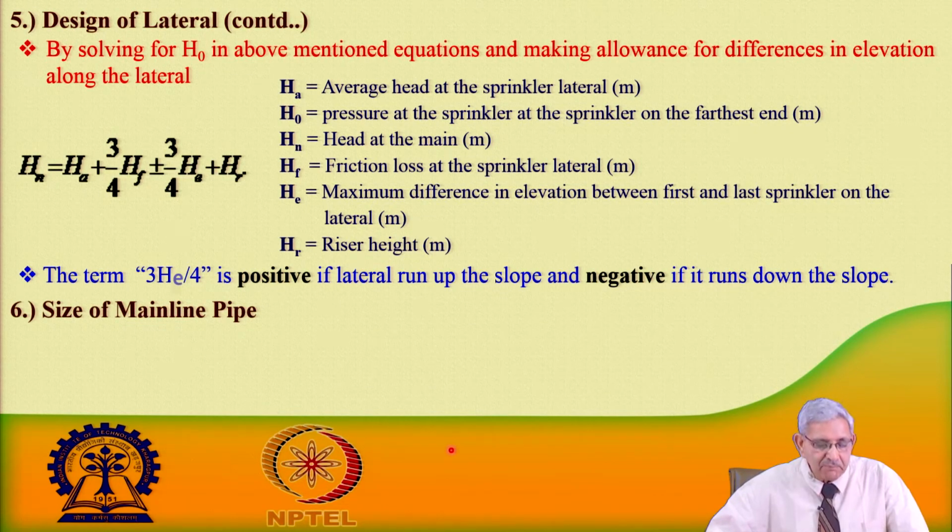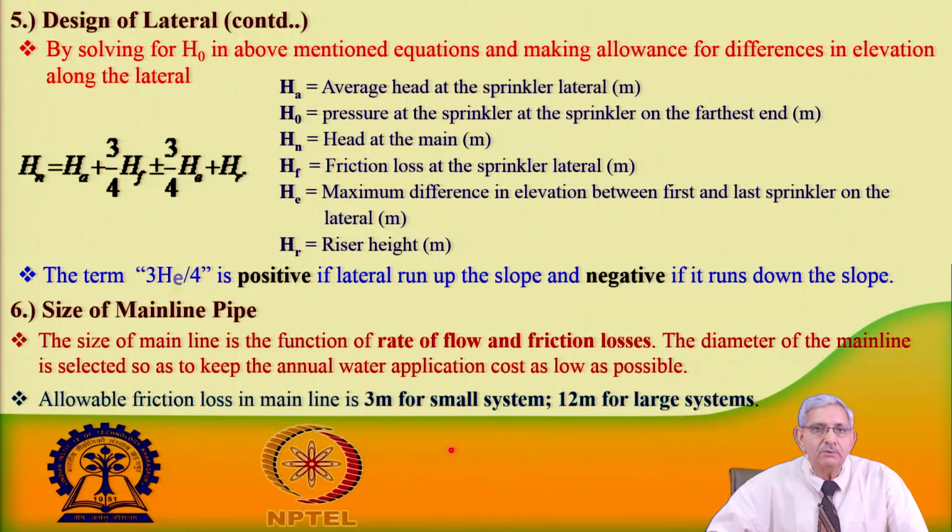Now, size of the main pipeline. The size of the main pipeline is a function of the rate of flow and frictional losses. The diameter of the main pipeline is selected such that the water application cost is low.